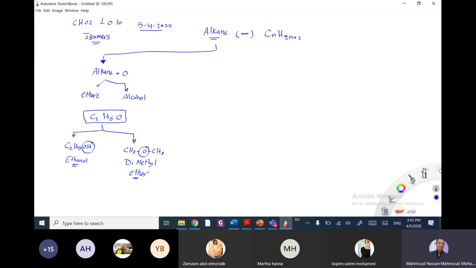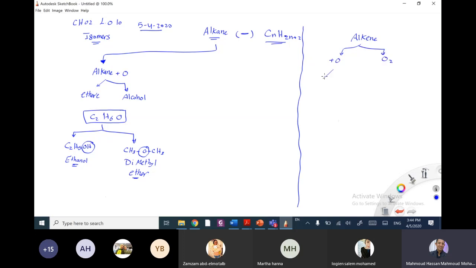So when we find alkane plus O, it gives two isomers; the general rule for the alkane is CnH2n+2. Maybe you find alkene plus O or alkene plus O2.